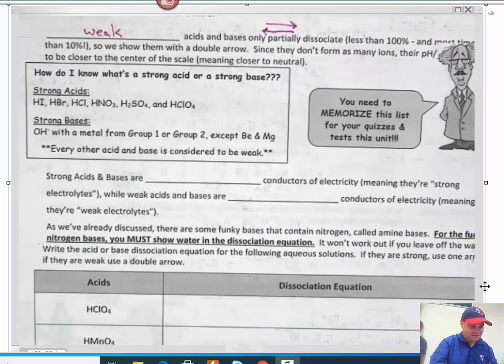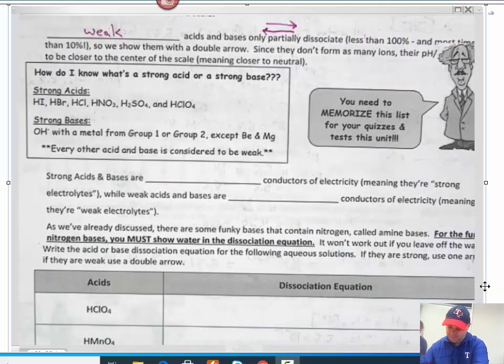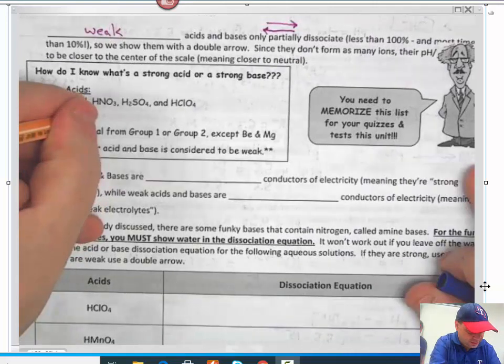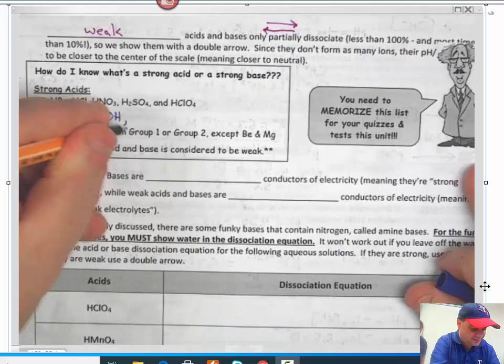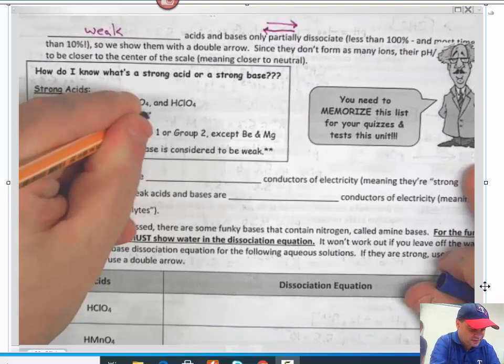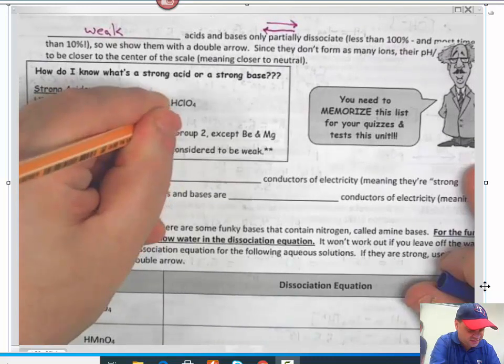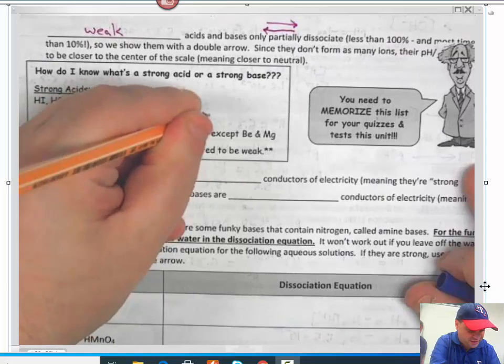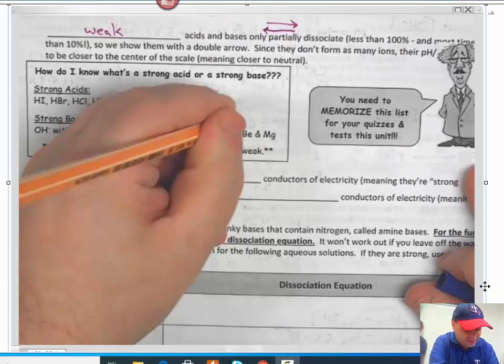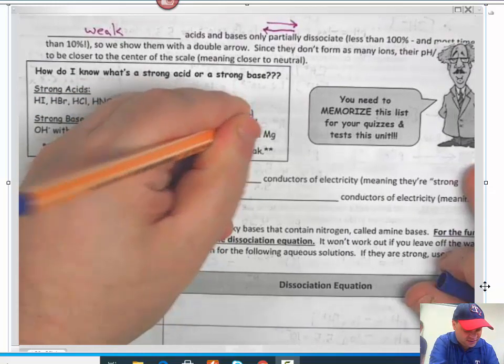Strong bases, those are group 1 and group 2 hydroxides. Okay. So that would include lithium hydroxide, sodium hydroxide, potassium hydroxide, rubidium hydroxide, cesium hydroxide, francium hydroxide.